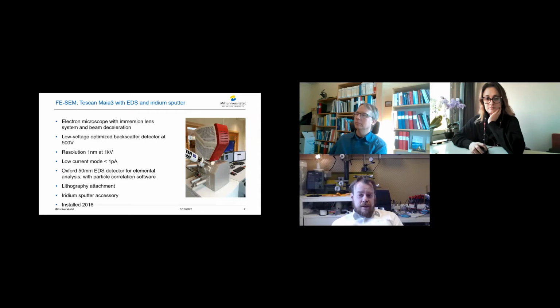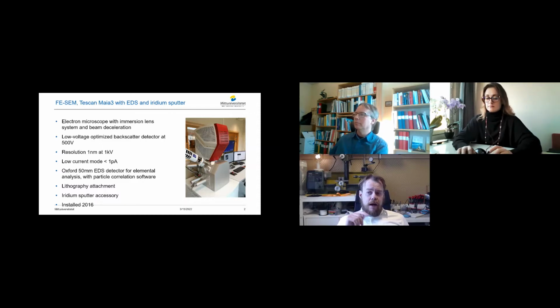It has a few different attachments. It has an EDS detector for standard elemental characterization, but it also has a software package, so you can do a particle correlation. You can make an automatic routine, so it can go around and measure several particles that you have and make elemental composition mapping of each particle, and then you can get this matrix data and correlate particle size versus elemental composition and so on.